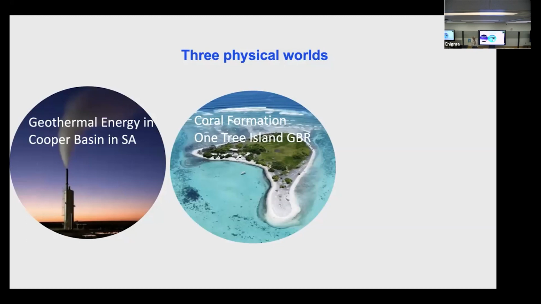You may have heard of something called coral bleaching. It's something that happens naturally, but it's also something that we need to keep an eye on, to make sure that the Great Barrier Reef, which is, I think, the biggest ecosystem on the planet, however ecosystem is defined, is looked after. It's certainly one of the few that can be seen very easily from outer space. So that's the second one.